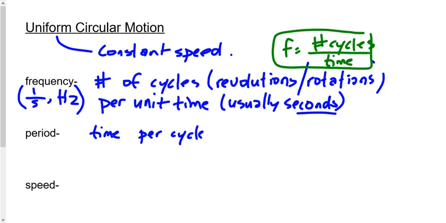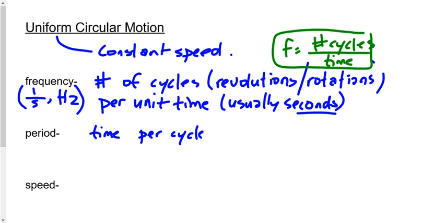How much time does it take the Earth to rotate on its axis once? 24 hours. So the period of the Earth's rotation, the time for one cycle, is 24 hours. How much time does it take the moon to go around the Earth? Okay, 28 days. So the period of the moon's revolution around the Earth is 28 days.